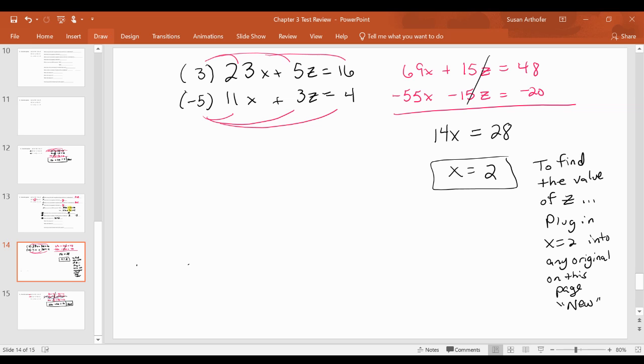Okay? So you can plug this back into this highlighted equation or this highlighted equation, either one of those.